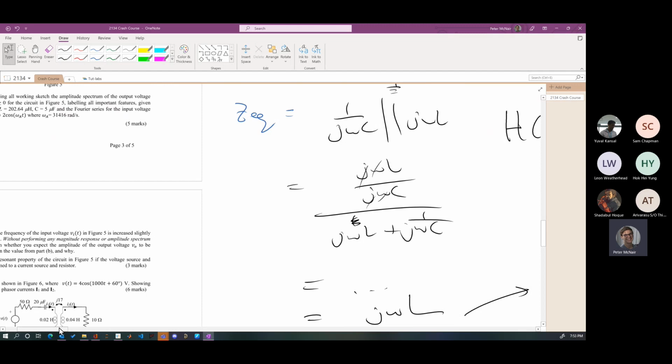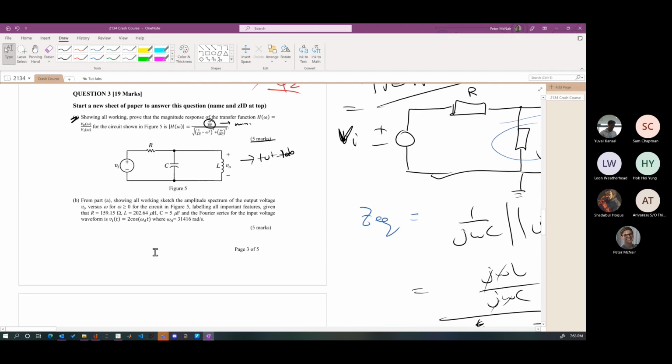Sorry, I'm all over the place at the moment. So this Vi is some sort of A0 plus the sum from n equals 1 to infinity of sines and cosines.